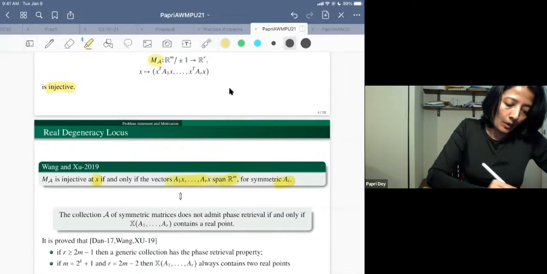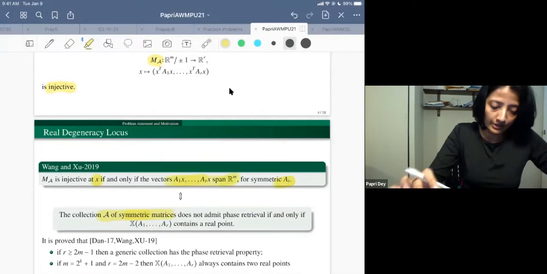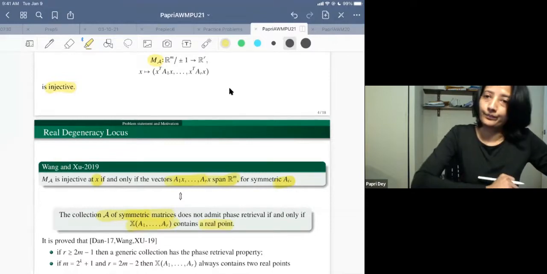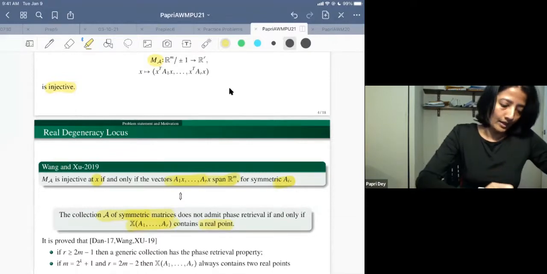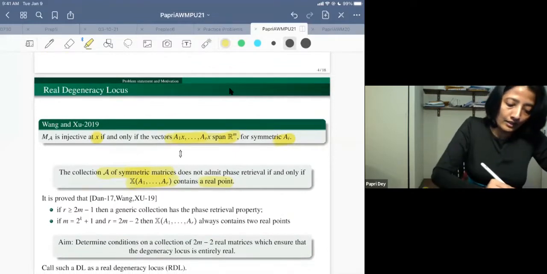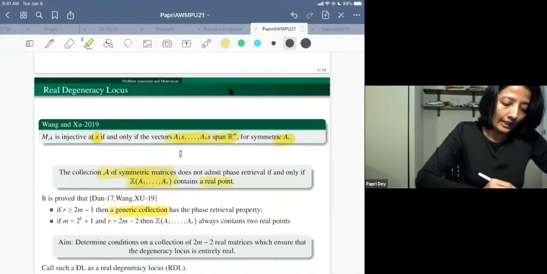The collection of symmetric matrices does not admit phase retrieval if and only if our degeneracy locus contains a real point.